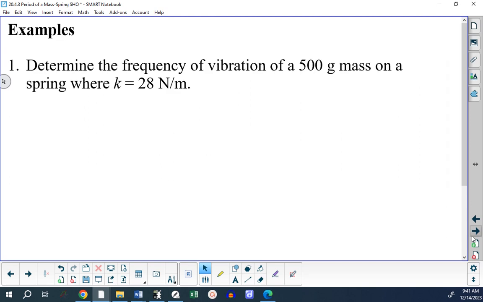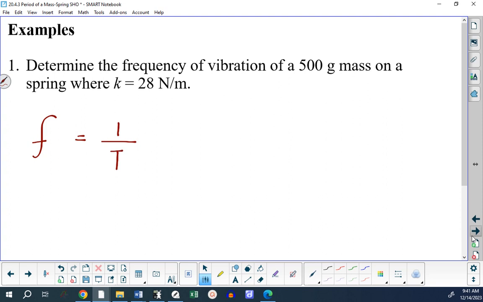All right. So determine the frequency of vibration of a 500-gram mass on a spring if the spring constant is 28 newtons per meter. Well, the frequency of an oscillation is equal to the reciprocal of the period.